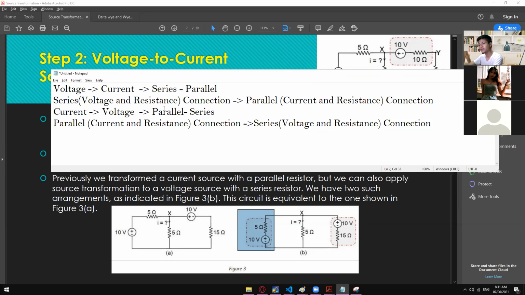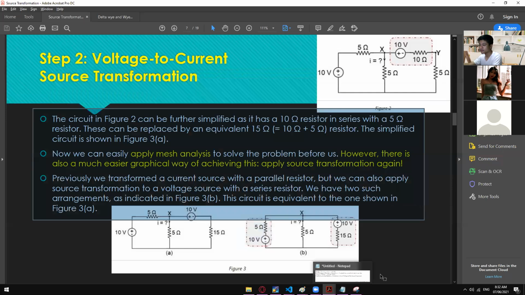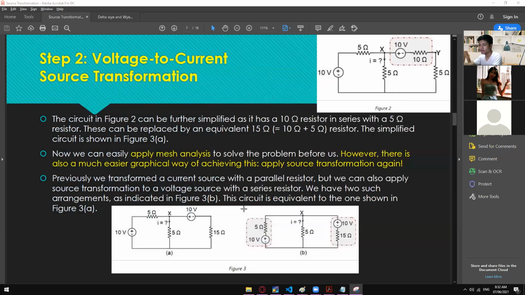And then take note, we have to check if the components in series are correct. So check if there is a voltage. Yes, there is a voltage. And then check if there is a resistance. Yes, there is also a resistance. Then you can now perform this connection right here. So just apply Ohm's law. I is equal to V divided by R.